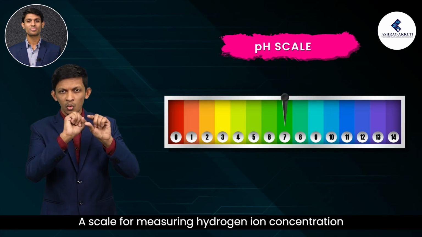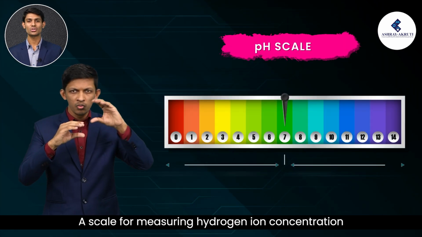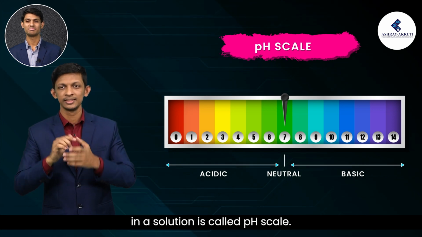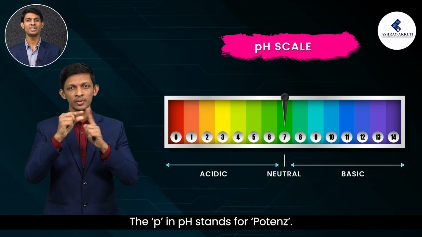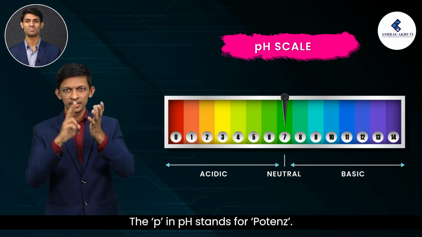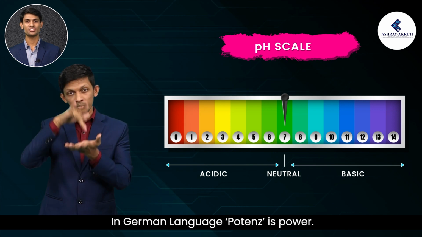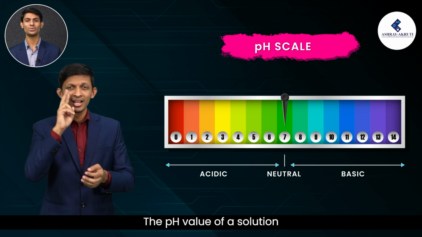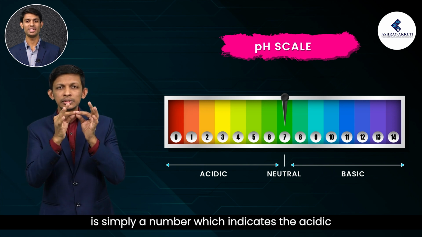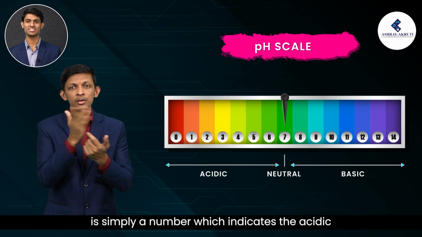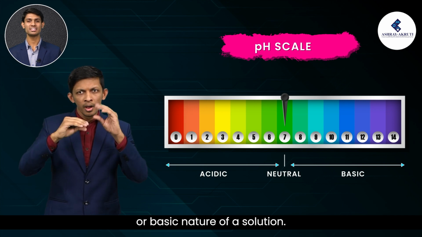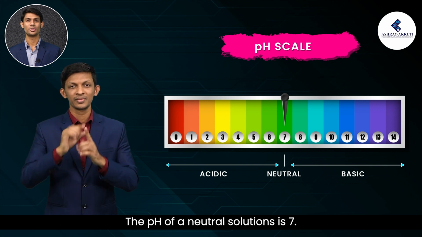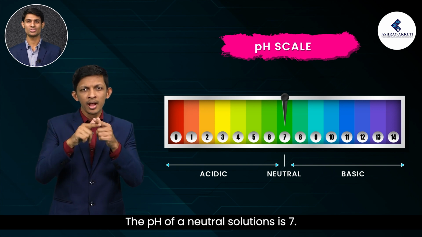A scale for measuring hydrogen ion concentration in a solution is called pH scale. The P in pH stands for potence. In German language, potence is power. The pH value of a solution is simply a number which indicates the acidic or basic nature of a solution. The pH of a neutral solution is 7.